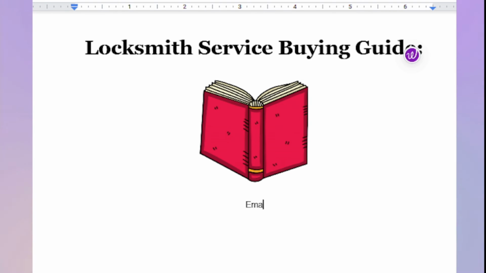Let's call our readers to action. Enter your valid email here, and let's use a table where they will put their emails.